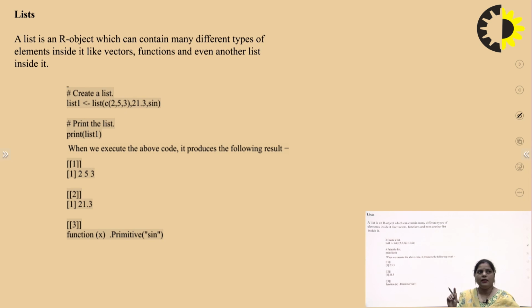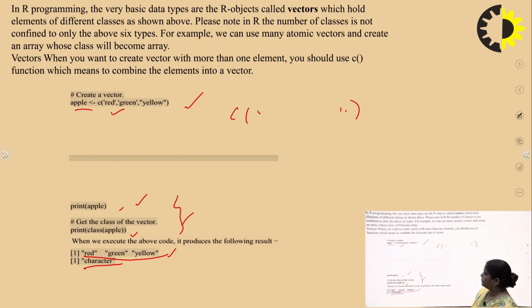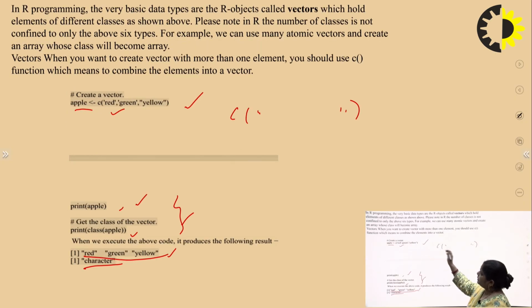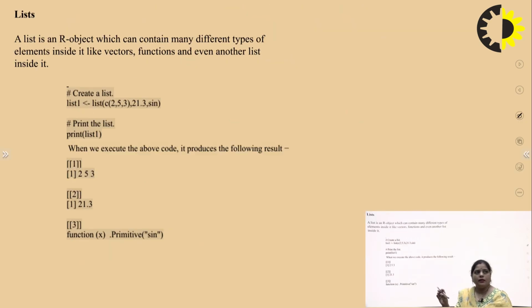Similarly, in R, if we have many different kinds of elements inside it, it is just like vectors, where in the previous example we had multiple elements and used the c function. So here a list is an R object which can contain many different types of elements inside it, such as vectors, functions, and even another list.